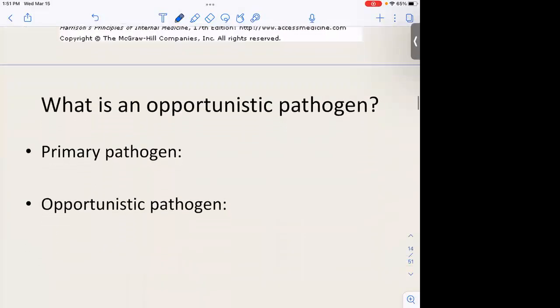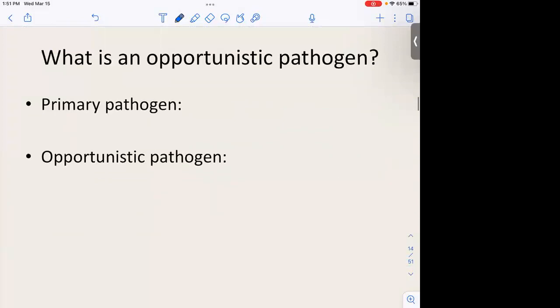All right, so there's actually a couple different kinds of pathogens. Okay, a primary pathogen, or sometimes we call it a true pathogen, is going to cause disease regardless of the host health status.